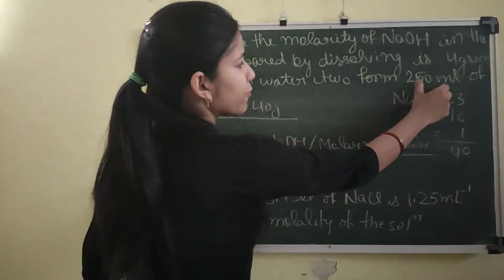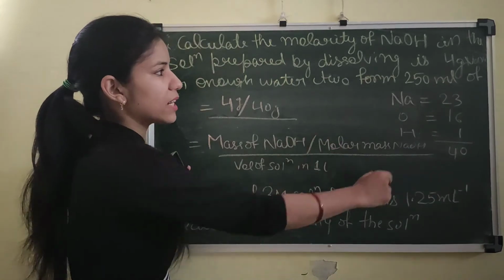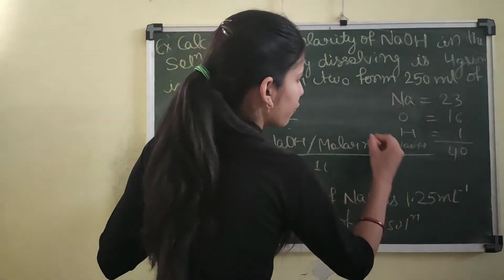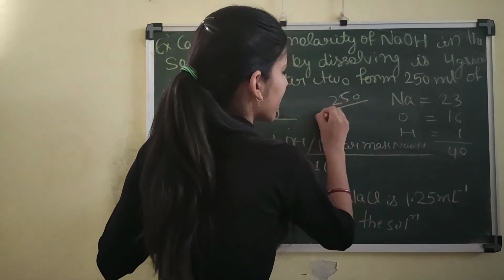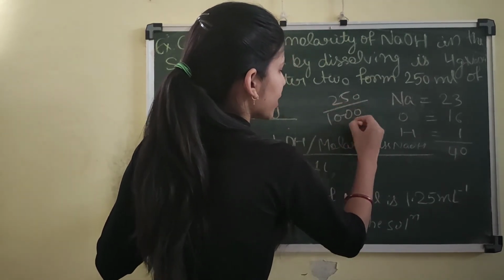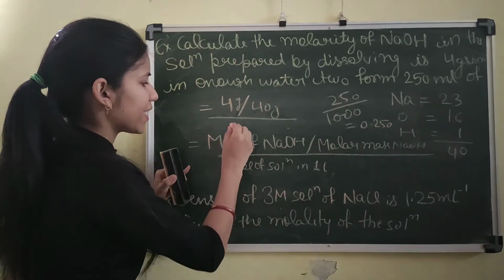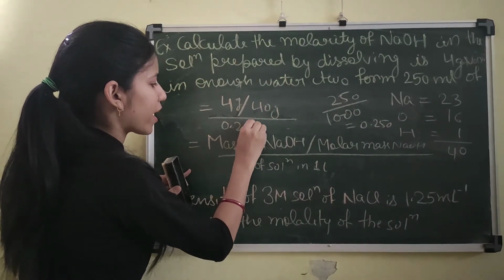So there are 250 ml. Convert this ml into liter. So 250 divided by 1000 will be equal to 0.250. So divided by 0.250.